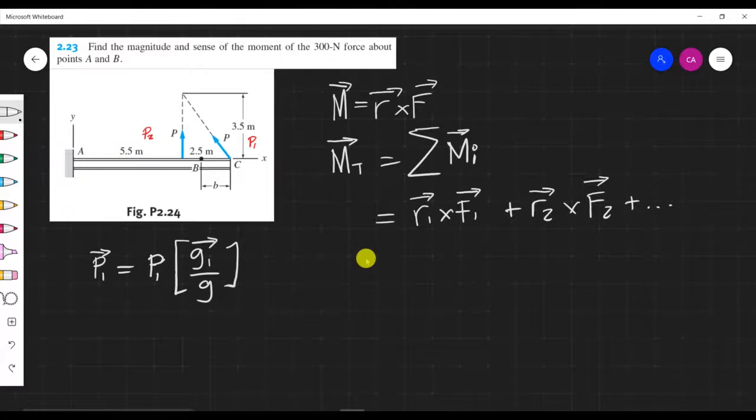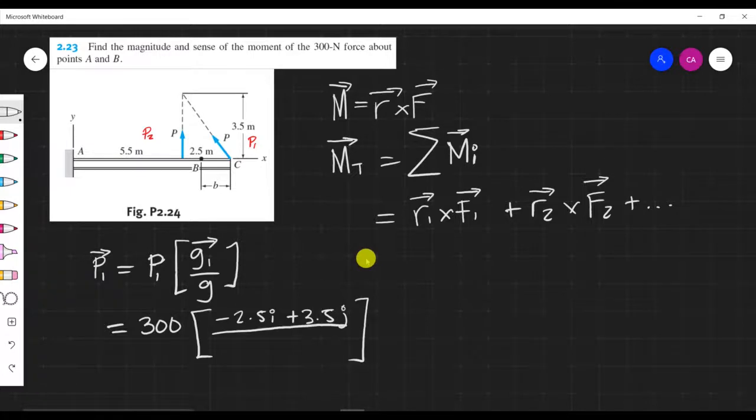Okay? So, ganyan siya. So, P sub 1 is, sabi sa problem, 300. Yung direction vector natin is, una, pakaliwa, negative 2.5i, pataas na, plus 3.5j. Then, yung magnitude niyan is square root of 2.5 square plus 3.5 square.